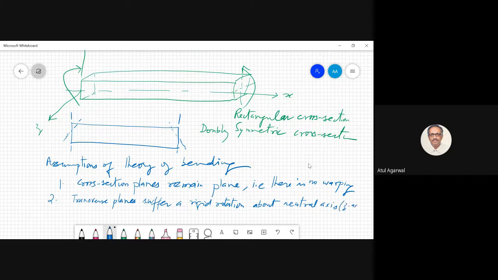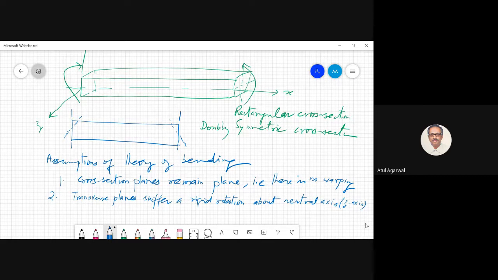Z axis. You see, this plane is rotating about this axis. This is the Z axis. This entire plane rotates about this axis.